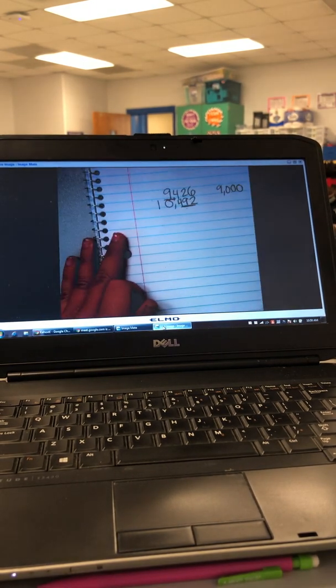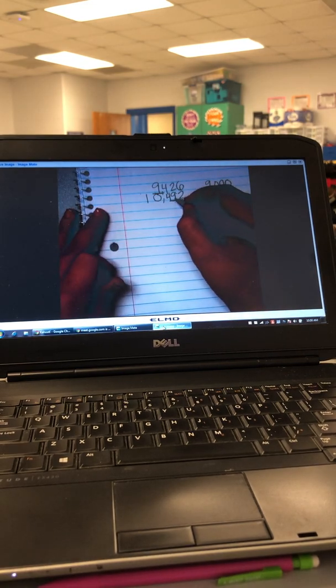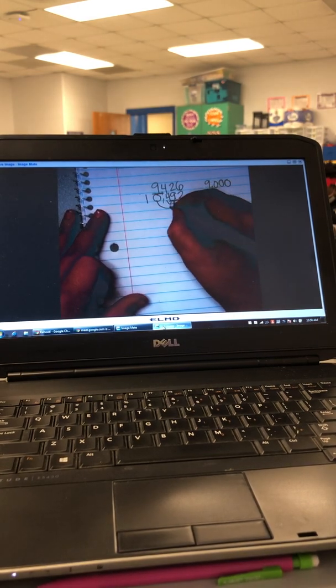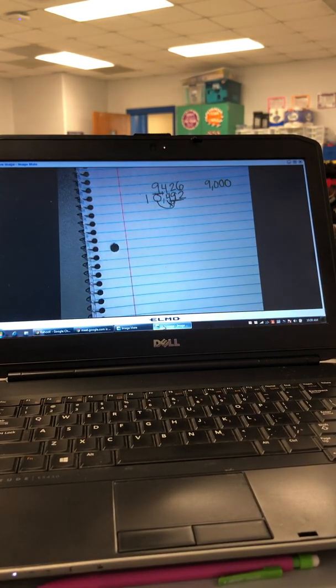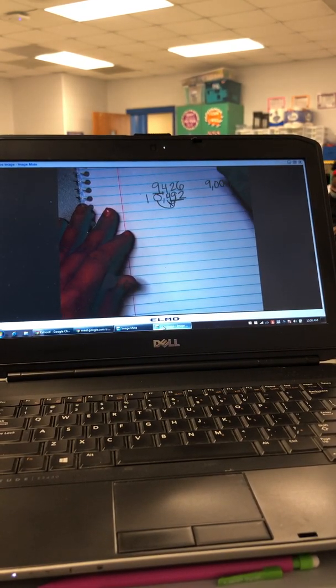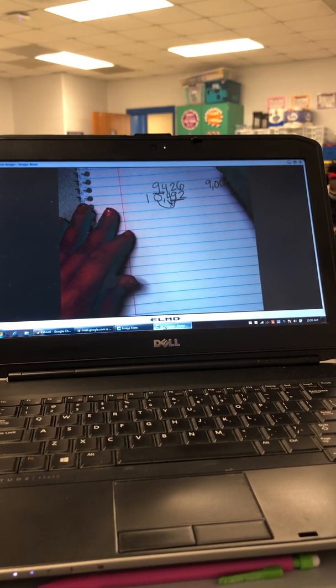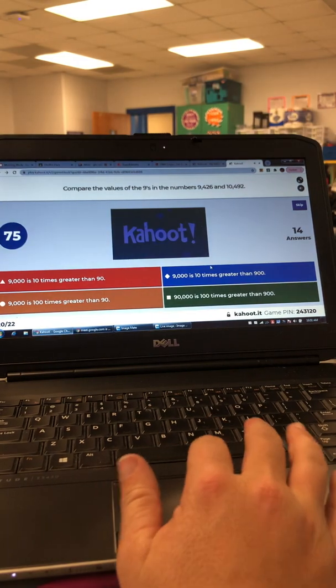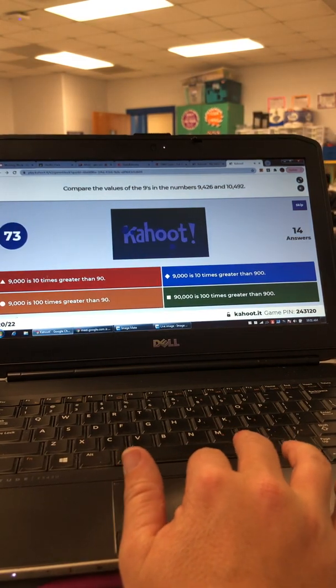If you look at your place value chart right here, this is going to be times 10, times 100. So if it's 1 to the left, it's times 10. If it's 2 to the left, it's times 100. So 90 times 100 equals 9,000.